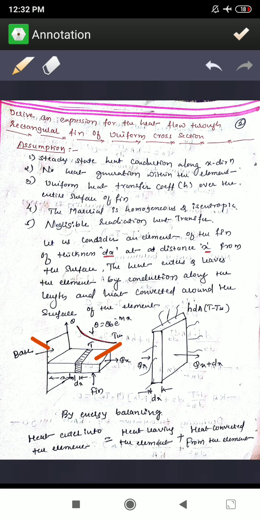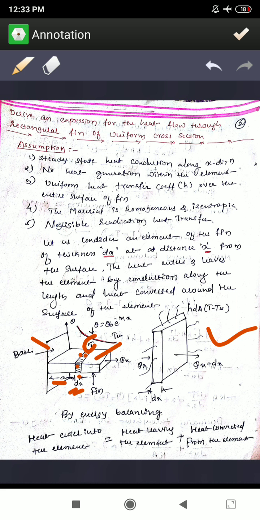Let us consider an element of fin of thickness dx, at a distance x from the base plate or surface. The heat enters and leaves the element by conduction. The shaded area of the element you can take separately. That is the element here, and that element has the temperature T.